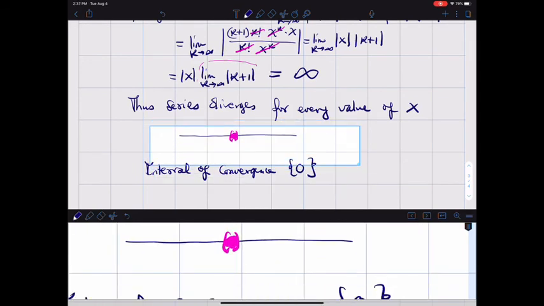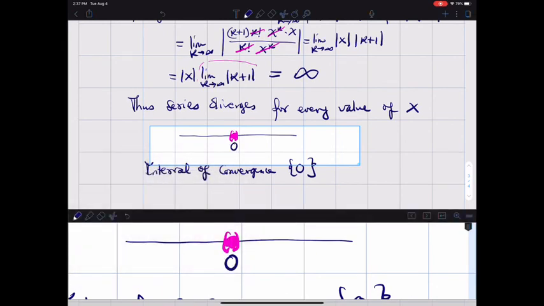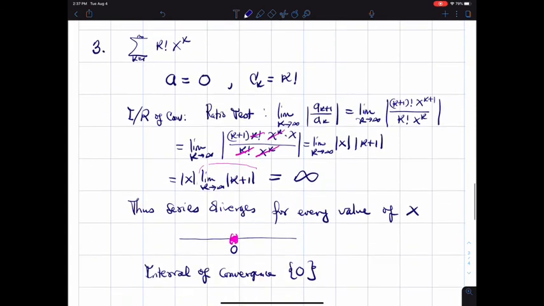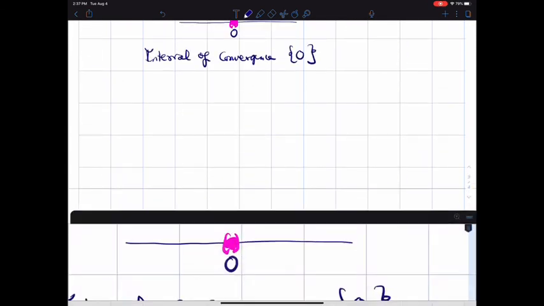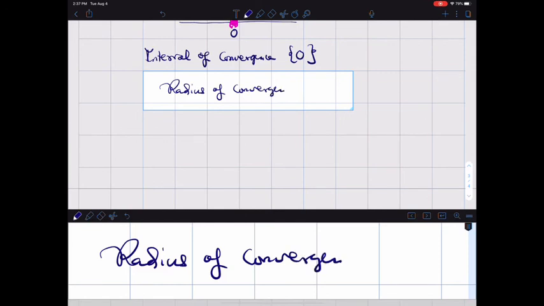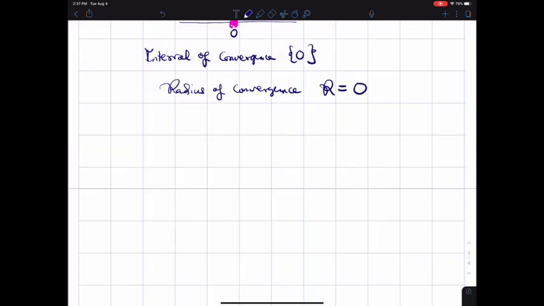Because the center is 0, that's the only point where it doesn't diverge. If you plug in 0 for x, then you get 0. It converges to 0. And the radius of convergence is 0. My handwriting is messing up. Okay, I think we should stop here.